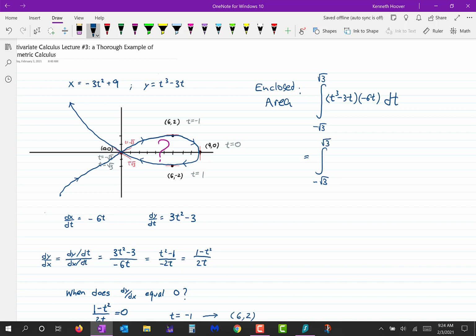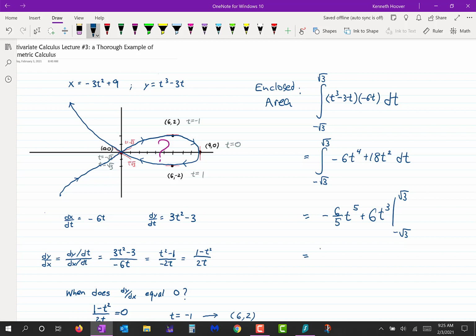That's just going to be negative 6t to the fourth plus 18t squared. Okay, we integrate that, get negative 6/5 t to the fifth plus 6t cubed. T goes from negative root 3 to positive root 3.